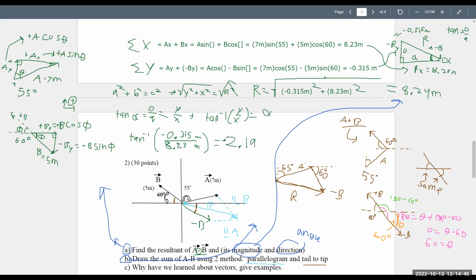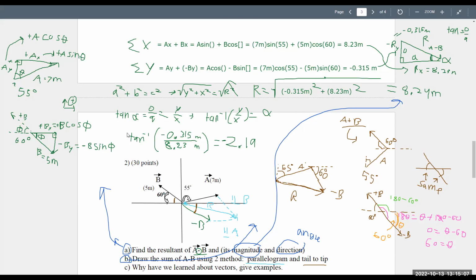It says negative 2.19. That's the number, I believe. And that should be all for this problem.